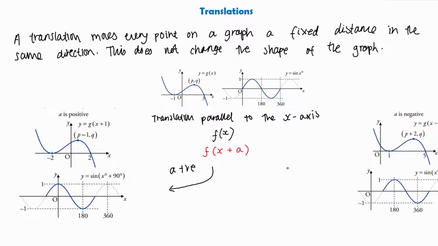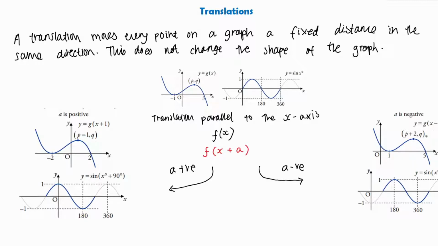And as you can imagine, when a is negative, it's simply just going to be the other way around. It's going to go away from the y-axis by whatever the value of a is. So in this case, our a is -2, because instead of g(x), we've got g(x - 2).